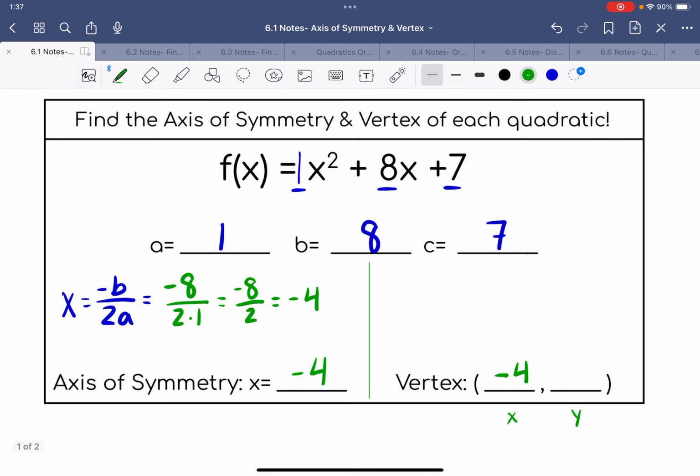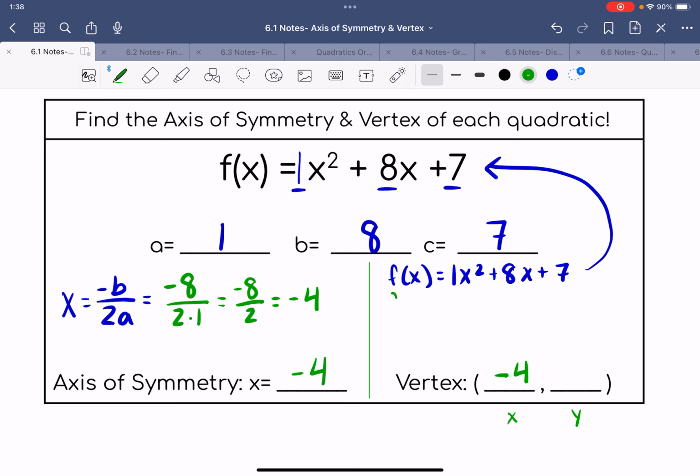So what I'm going to do to find the y value of my vertex is take this original equation, which was f of x equals 1x squared plus 8x plus 7. I just copied that down from right here. And I am going to plug in -4 for x.